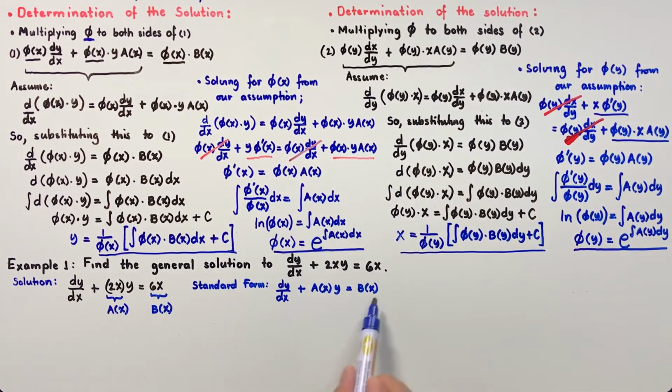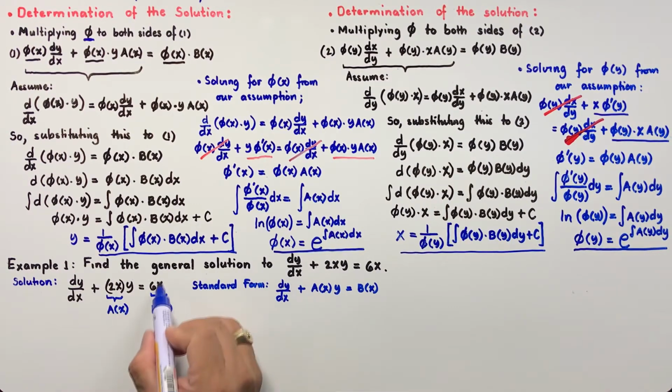Therefore, in this standard form, we have the derivative of y with respect to x added to some function of x times the dependent variable y, which is equal to another function of x without a y. So this 2x is our a of x, and this 6x without a y is our b of x.